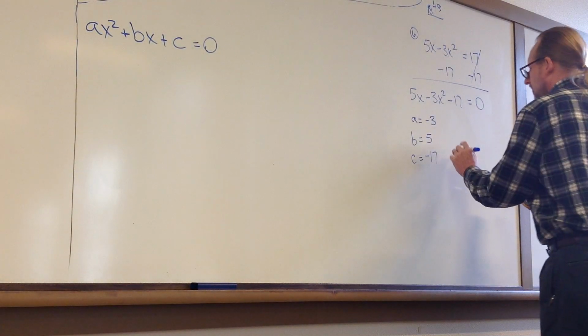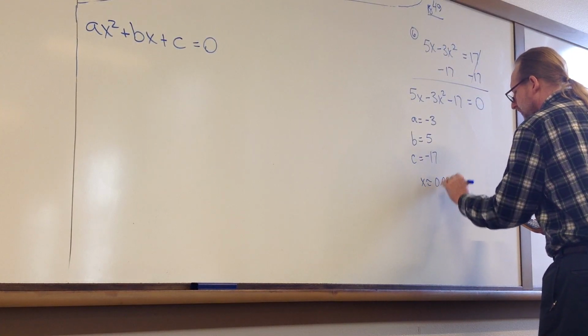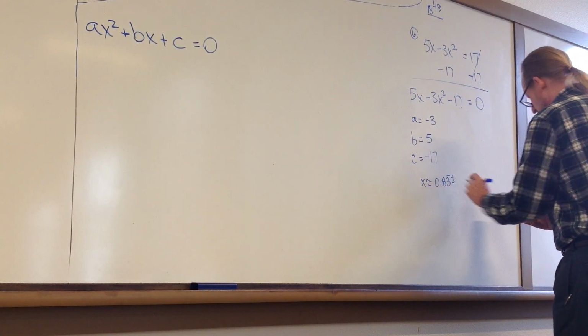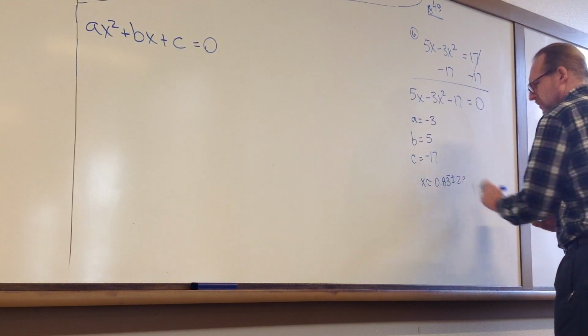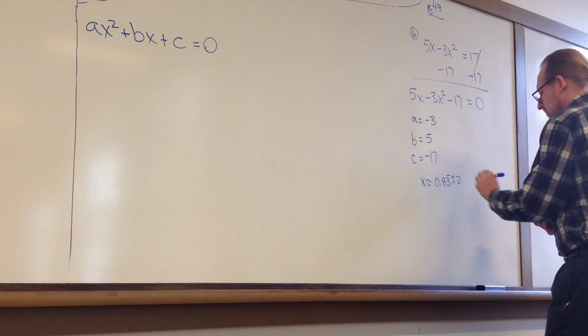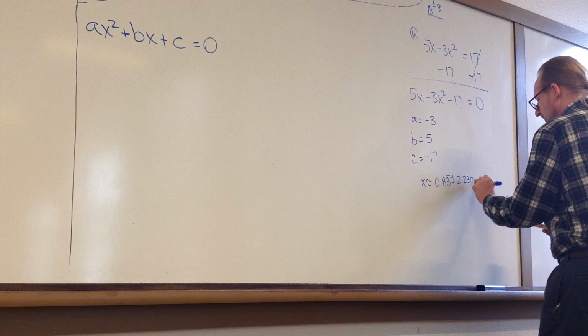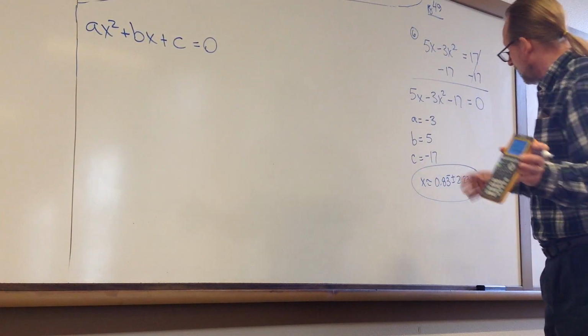And that gives us solutions of 0.83 repeating, plus or minus 2.230i.